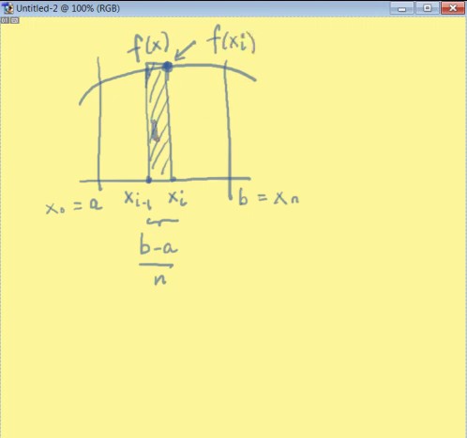So let's say this is A i, the area of the ith rectangle. So A i is f of xi, the height, times the base.